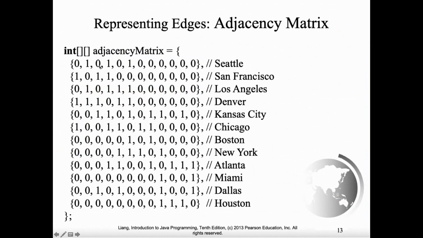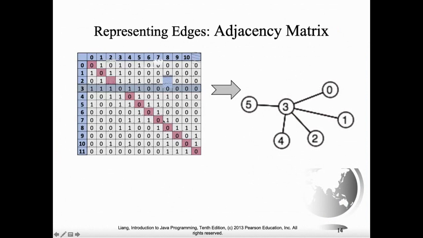If there's no edge, you put 0, and so on. That's how we create this table. But the problem is, if you look at this table, everything in the top half is exactly repeated in the bottom half as well.